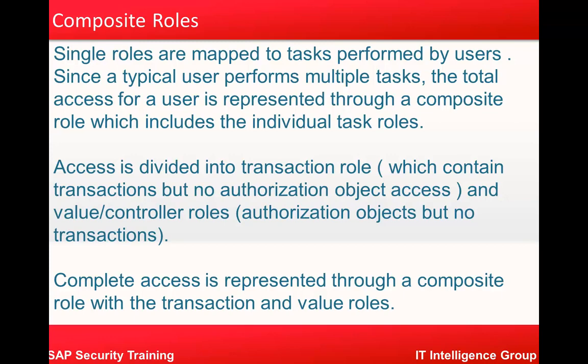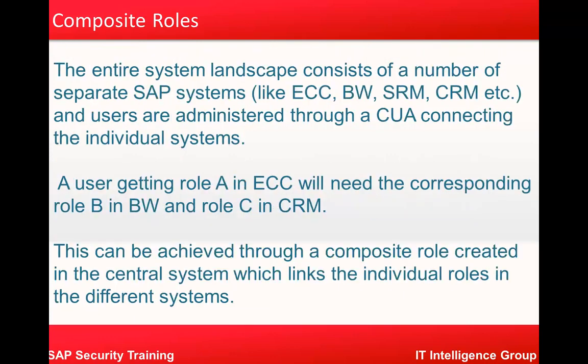Since a typical user performs multiple tasks, the total access for a user is represented through a composite role, which includes the individual task roles. Access is divided into transaction roles, which contain transactions but no authorization object access, and value controller roles, that is, authorization objects but no transactions. Complete access is represented basically.